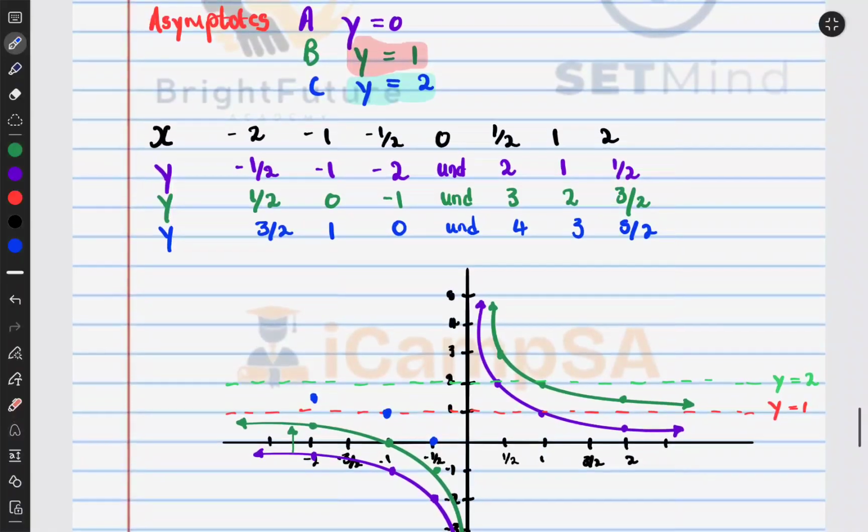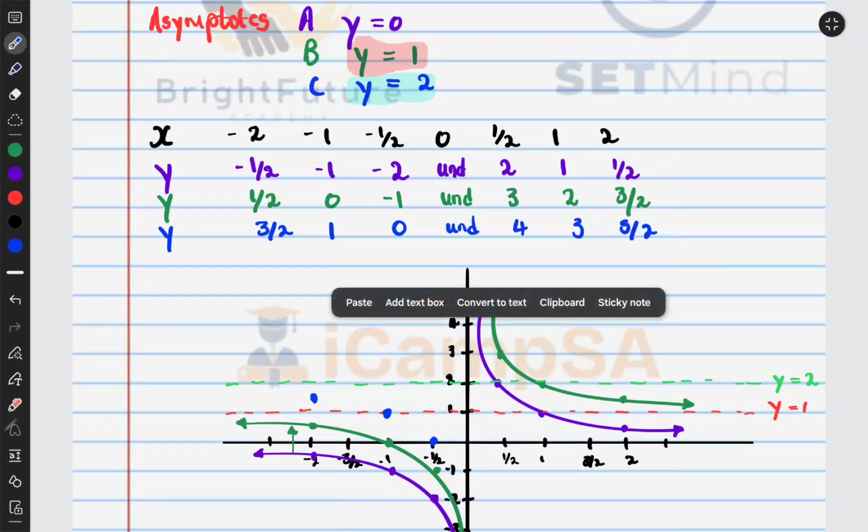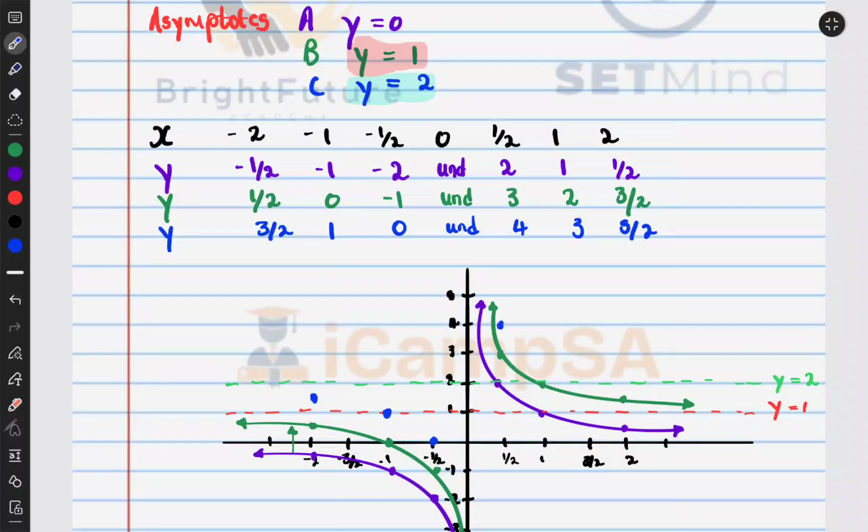The other points are what? Half and 4. So the other point will be here. It's half and 4, and then we have 1 and 3, and then we have 2 and 5 over 2, which is 2.5. So it's going to be there, and then we sketch our function.